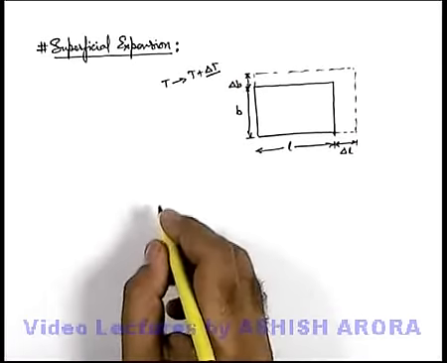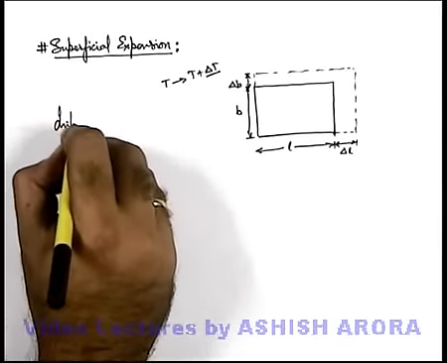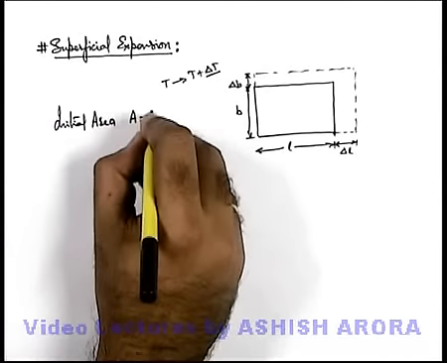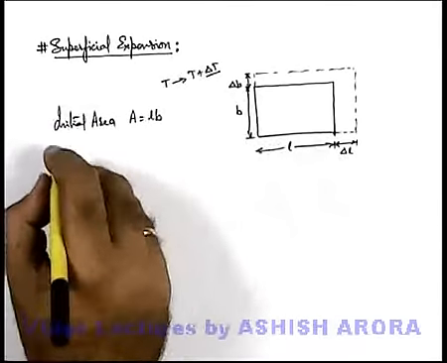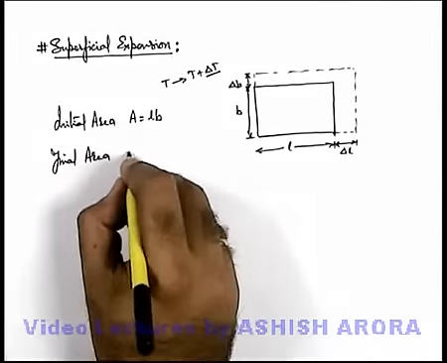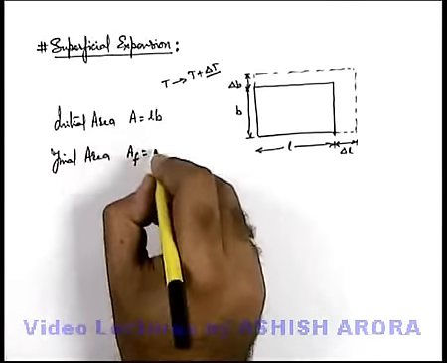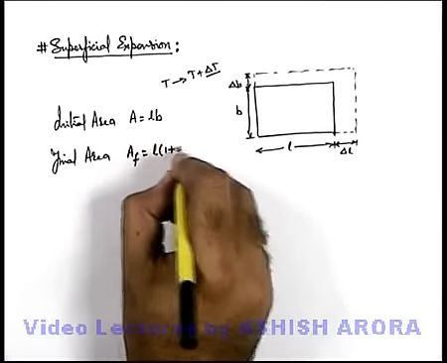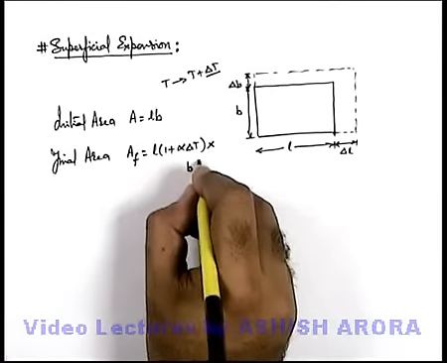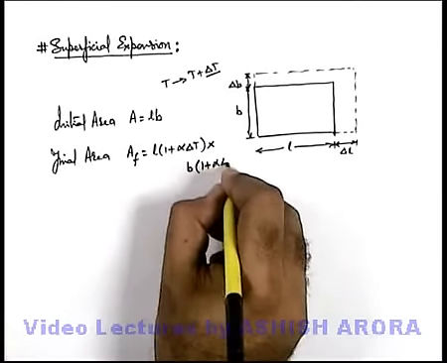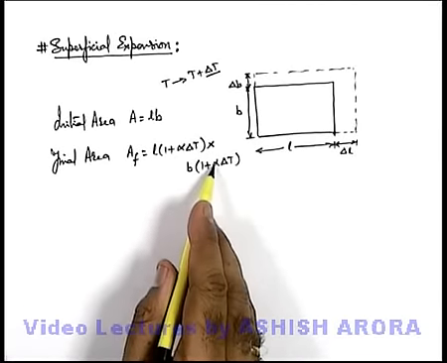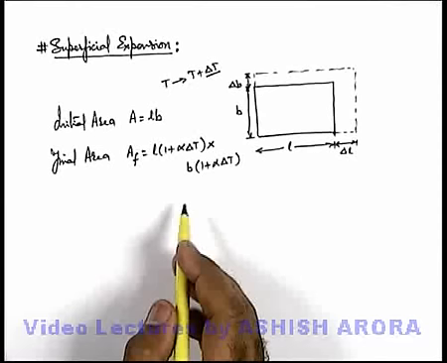So in this situation, we can simply state the initial area of the plate was LB, and after rise in temperature, we can write final area of this plate would be L changed to L into 1 plus alpha delta T multiplied by B changed to B into 1 plus alpha delta T. Here alpha is the coefficient of linear expansion for the plate.